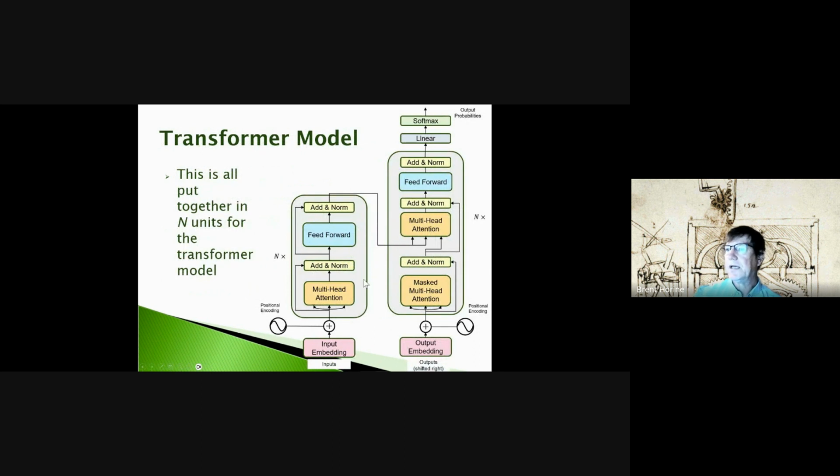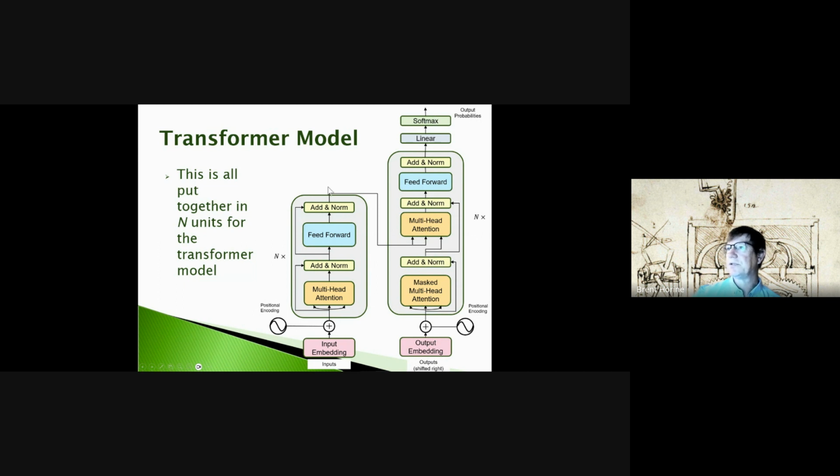So then this is our inputs, but then we send that into another multi-head attention system with some outputs, where now we're going to shift our outputs to the right each time. So we get output probabilities out here that's ultimately going through this softmax layer, so we get these probabilities.